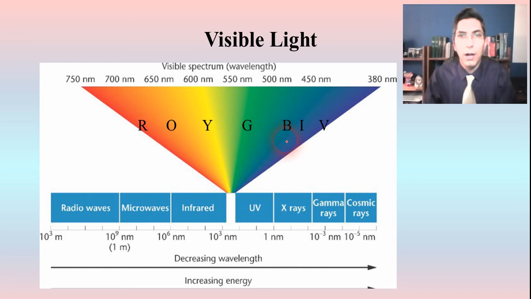And of course, red has the longest wavelength and would, as a result, have the lowest energy. On the other hand, violet over here has the shortest wavelength and has the highest energy.